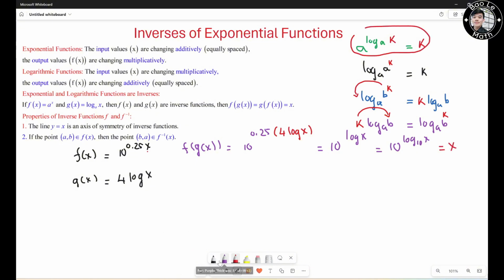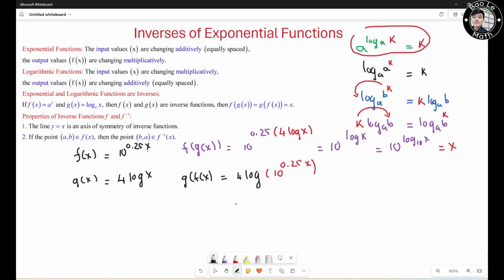Alright, now let's move on to the next one. g of f of s equals the function g right here. It's going to be 4 log s, but s equals f of s, right? So I just replace s right here with 10 to the 0.25s.